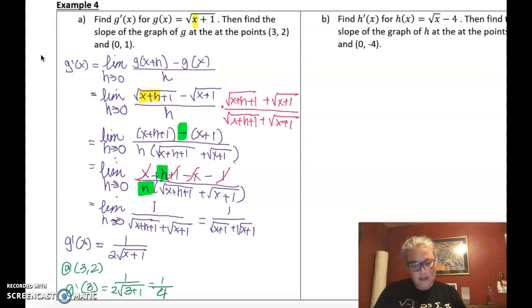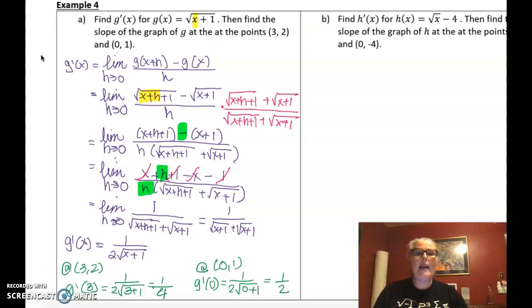That's the one piece. And then we also want to find it at (0, 1). So that's g prime at 0. It's the x we're substituting in. That gives me 1 over 2 times the square root of 0 plus 1. On the AP exam, by the way, free response, you could just stop there. But for our purposes, we're going to simplify, so we get 1 over 2.